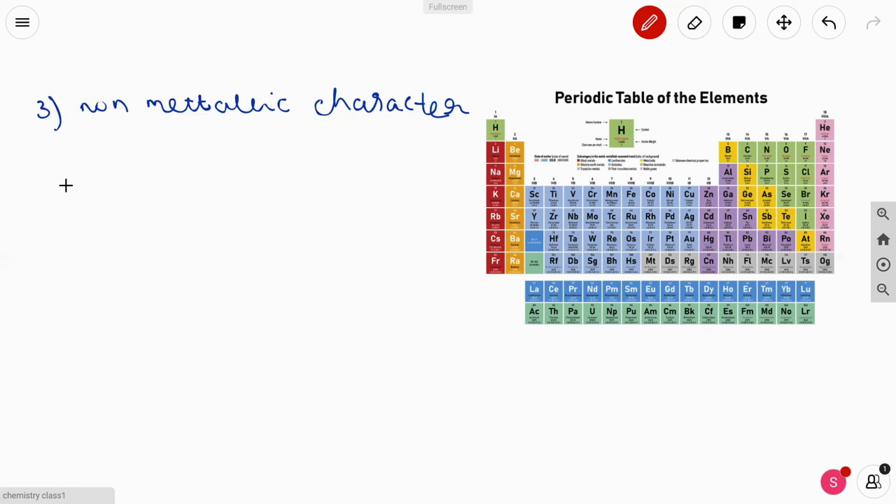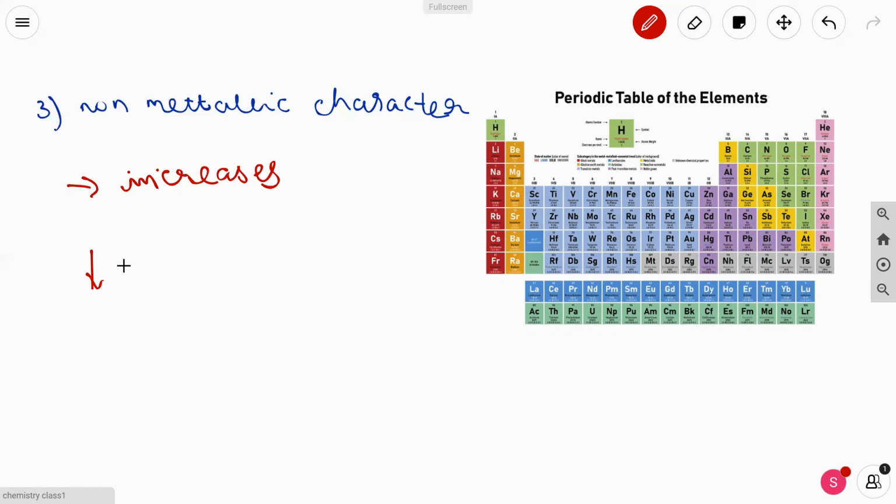So across a period, the non-metallic character increases. And as we go down a group, we know that the ability to cling on to the valence electrons decreases. So when the ability to cling on to the electrons decreases, how can you add more electrons?